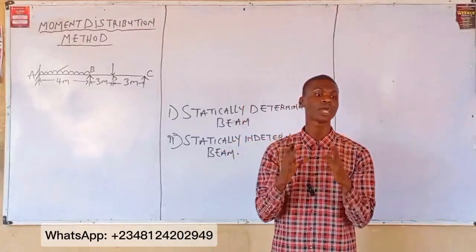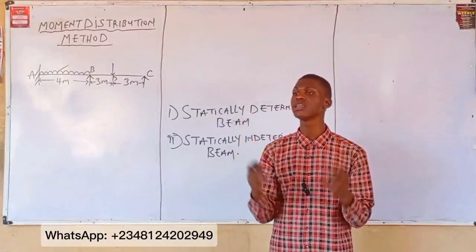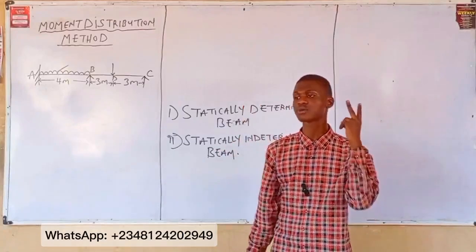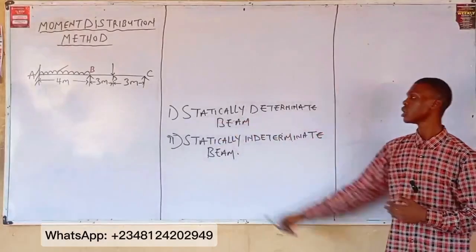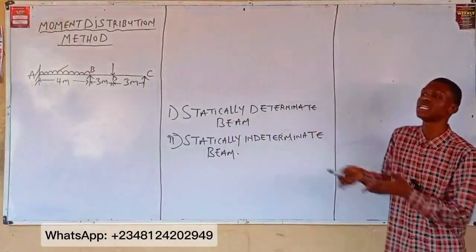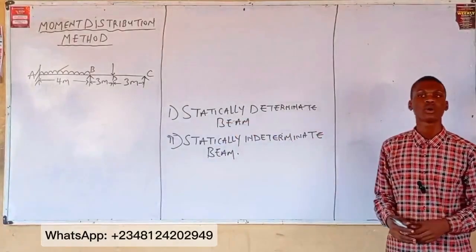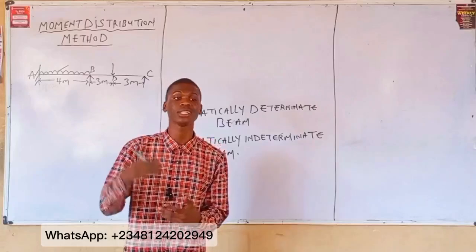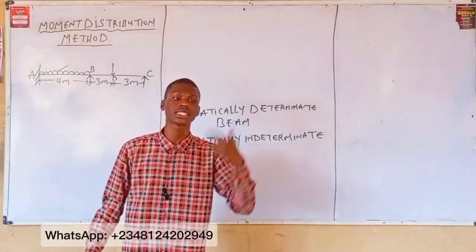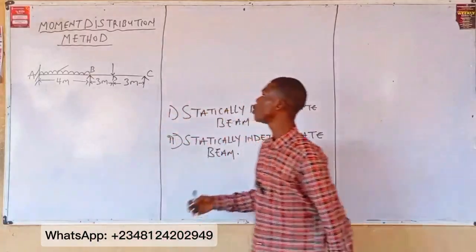Now what's the idea behind the moment distribution method? Basically we know that we have two different types of beam. The first one is statically determinate beam. The other one is statically indeterminate beam. Are you with me? In our introductory video, we saw different types of statically determinate and statically indeterminate beams.